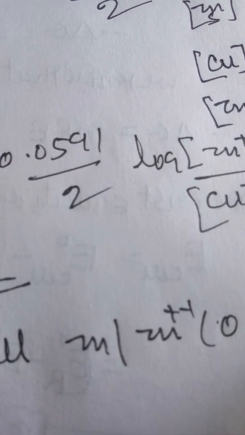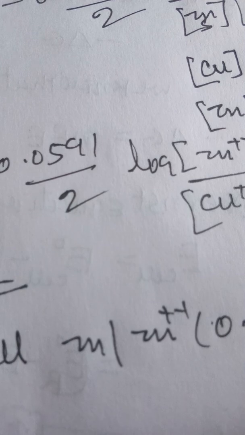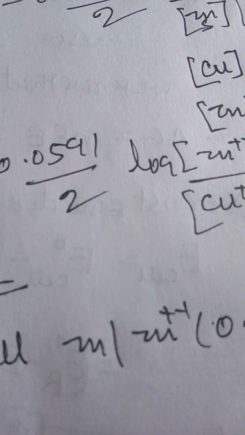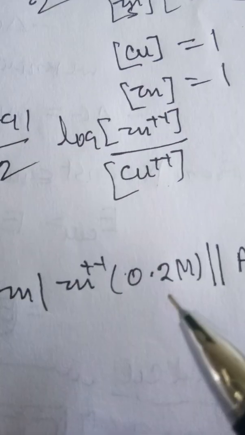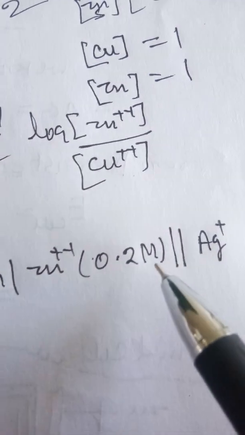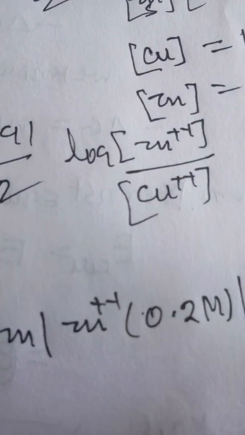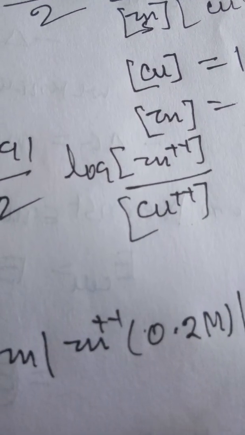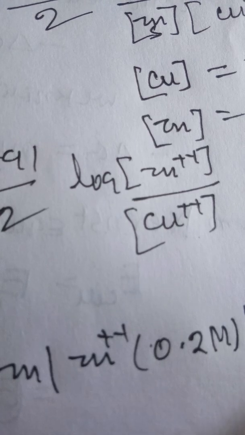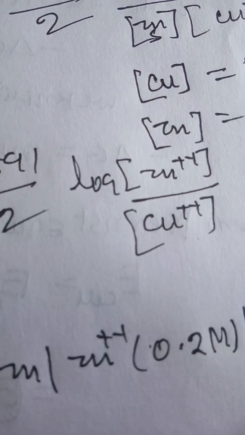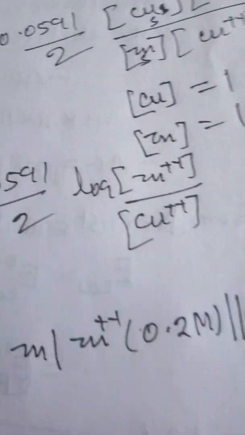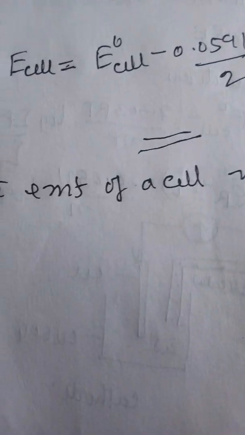Suppose I take a silver ion. So here is the silver rod. This type of cell has been constructed, and the concentration of zinc ion is given as 0.2 M, and the concentration of silver ion is given as 0.002 M.